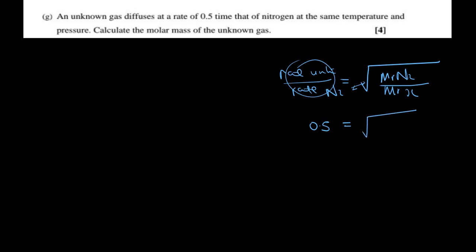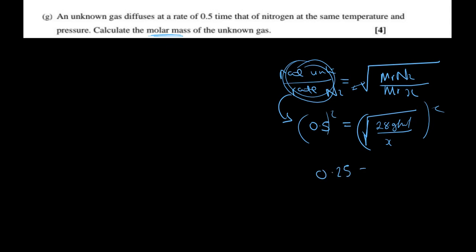you do this. So you just put that rate that they give you, then you put the molar mass of nitrogen here, which is 28 grams per mole, over the one you don't have. So we are calculating the molar mass, by the way. So they are all under the root, so you cancel the root by squaring both sides, so that will give you 0.25 is equal to 28 over x.